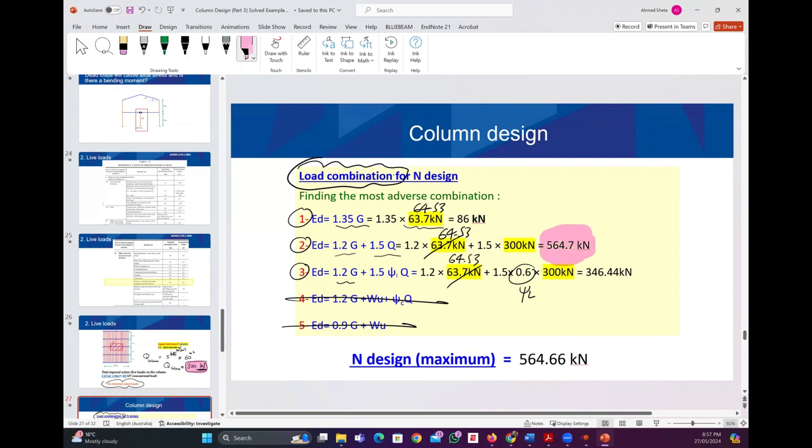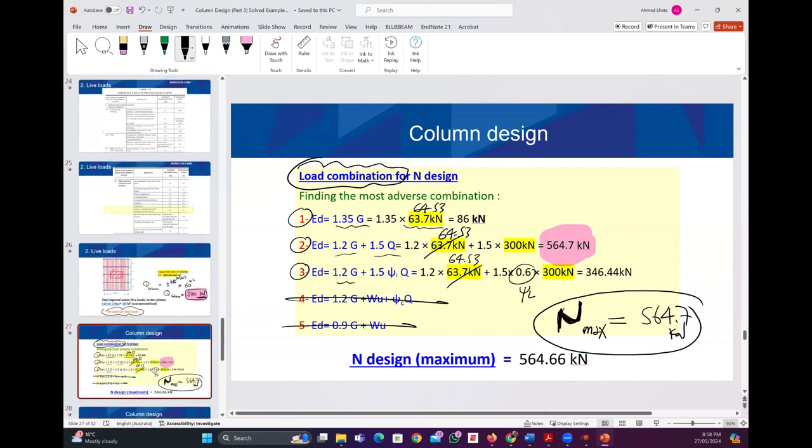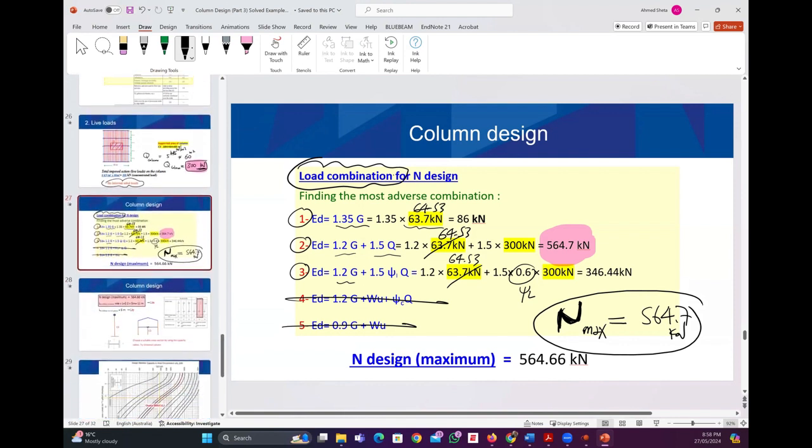Because we are looking for N max on the column, which equals 564.7 kilonewton. This is the value we use to design the column C2 or C1 in your project, so this will be similar to what you will be doing in the project.